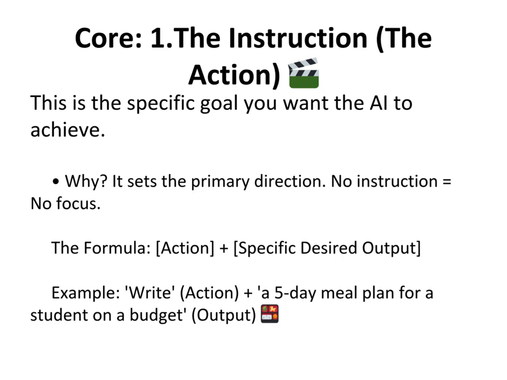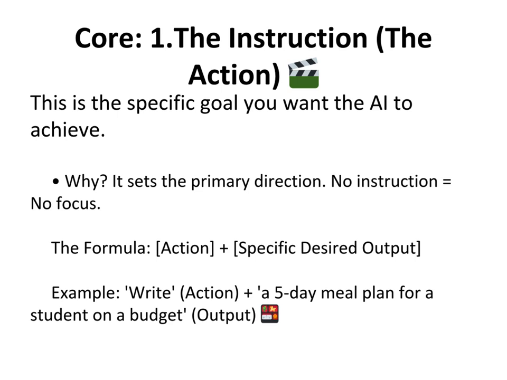Here's the formula we are supposed to look at when putting together our instruction. An instruction is made up of an action plus a specific desired output. An action plus a specific desired output. For example, we can look at this prompt example: Write a 5-day meal plan for a student on a budget.